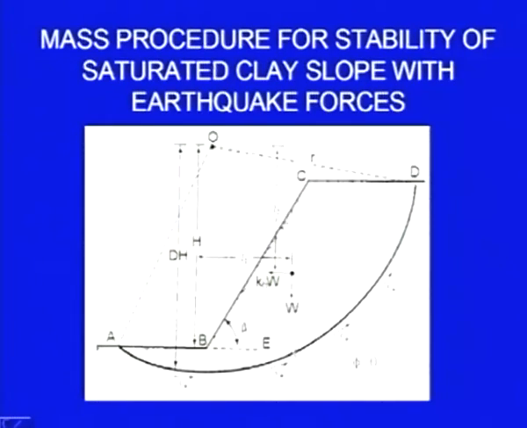This weight will be acting in the downward direction. So, the lever arm will be this distance, the perpendicular distance between these two lines, one line passing through the center, another through the CG. And the earthquake force Kh into W is acting in the horizontal direction. So, this is the lever arm.